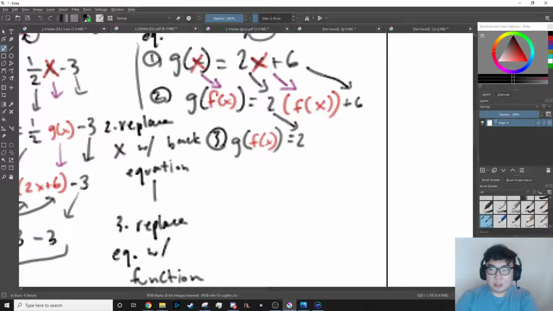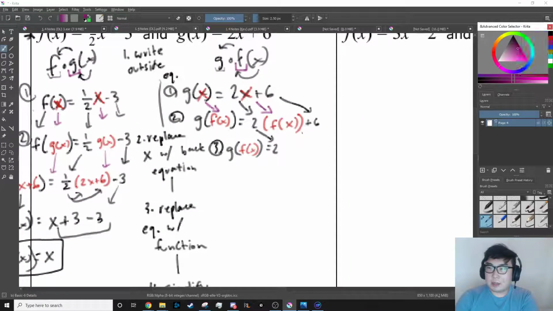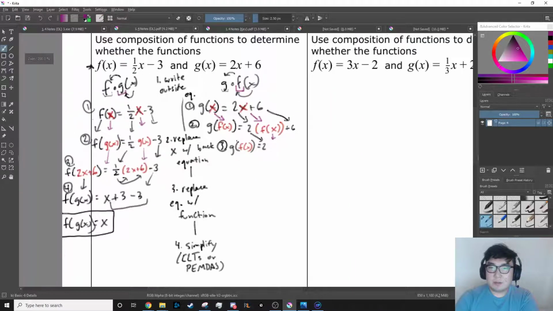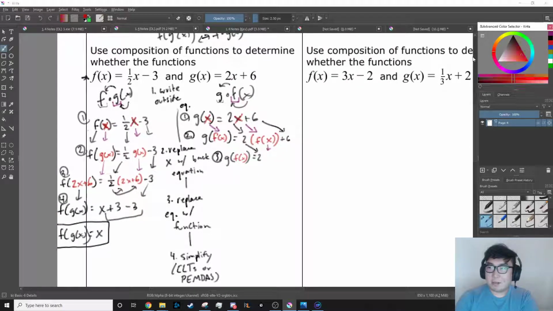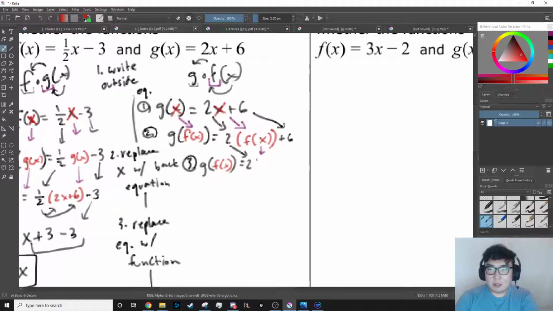Remember, this 2 still transfers. And my f of x is going to turn into 1/2 x minus 3. Then plus 6, because this plus 6 hasn't been touched yet.